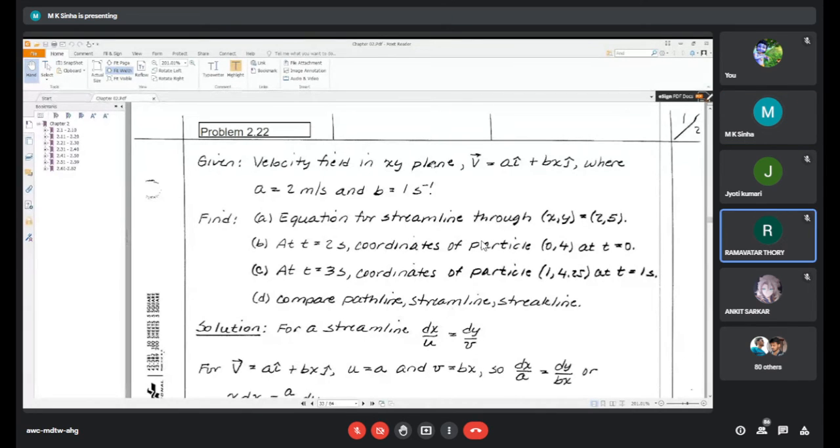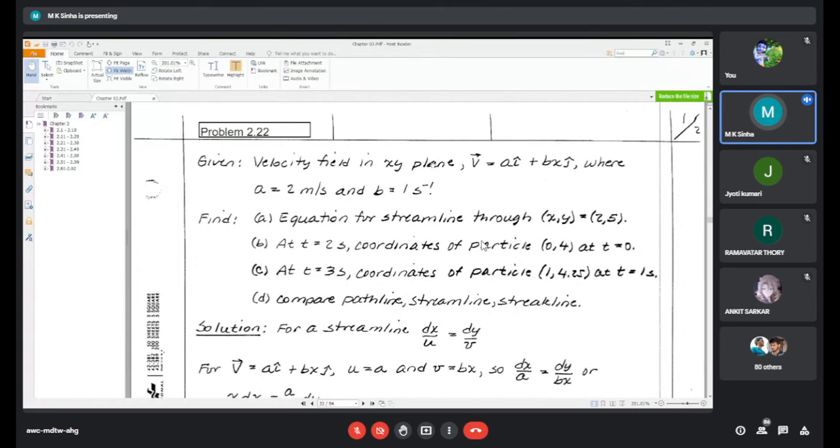Is it visible? Yes, sir. See, the question: a flow is described by the velocity vector V equal to a i plus b x j, where a equal to 2 meters per second, b equal to 1 per second.